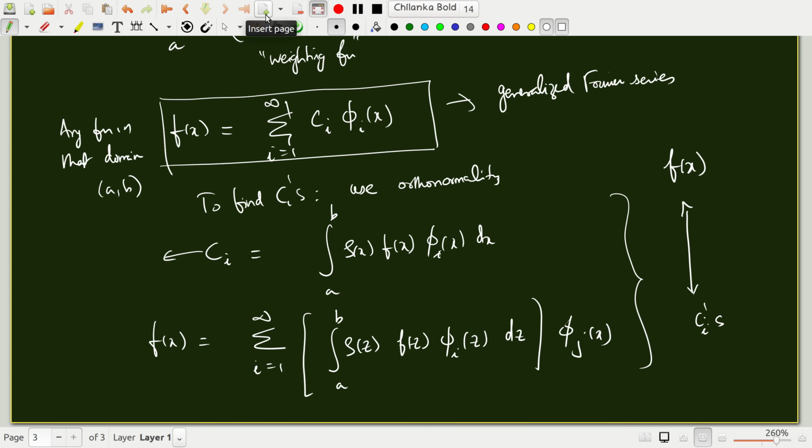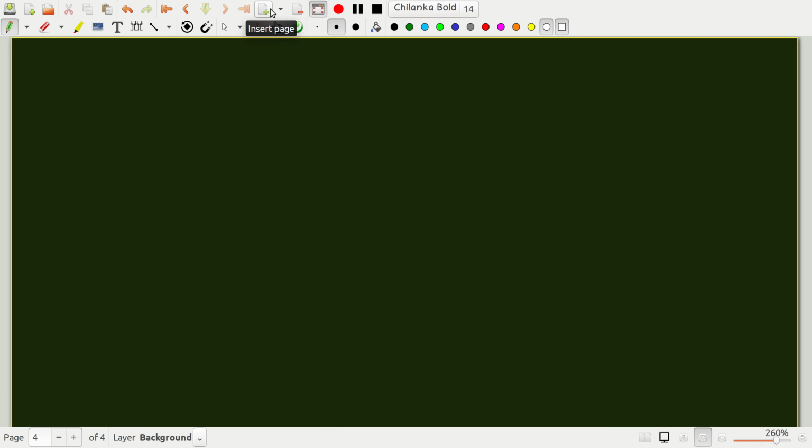Okay, alright, so now once we understand this, we can solve ODEs, boundary value problems involving ODEs. We will come to PDEs in the next segment. Boundary value problems or BVPs involving ODEs.